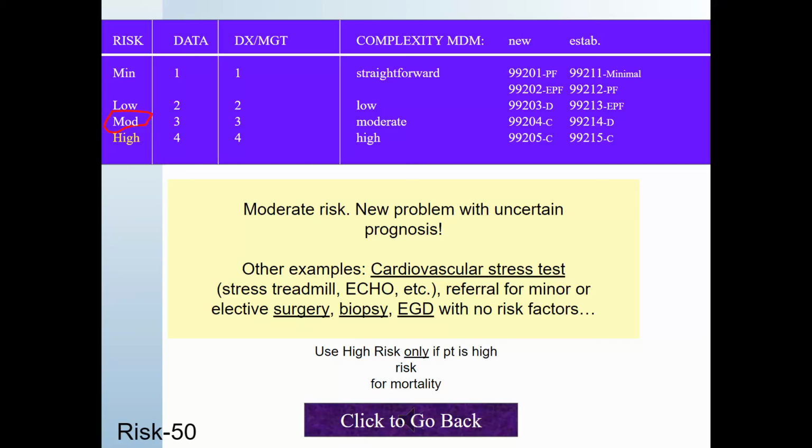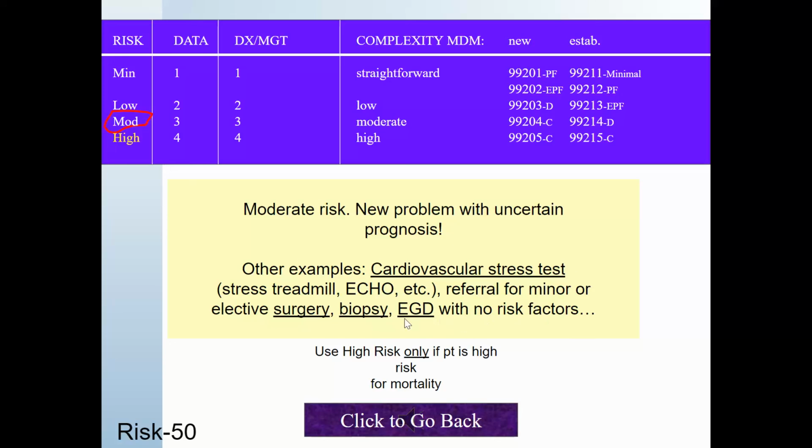Moderate risk. So things that the AMA has given examples of that you'll see on your sheet is cardiovascular stress tests, treadmill, echo. These are just, again, examples. And sometimes they would be used for uncertain prognosis because you're not sure how the heart is doing. Referrals for elective surgery or a biopsy or an EGD.